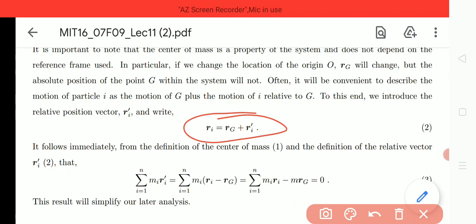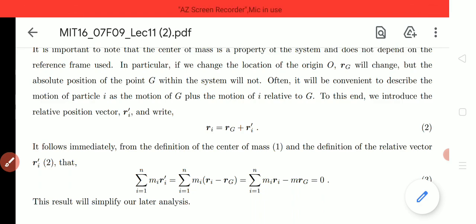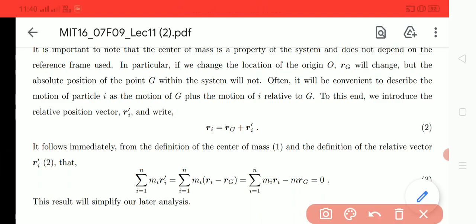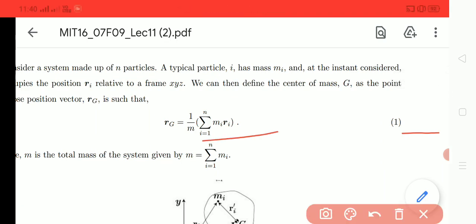It follows immediately from the definition of the center of mass first and the definition of the relative vector ri dash second.